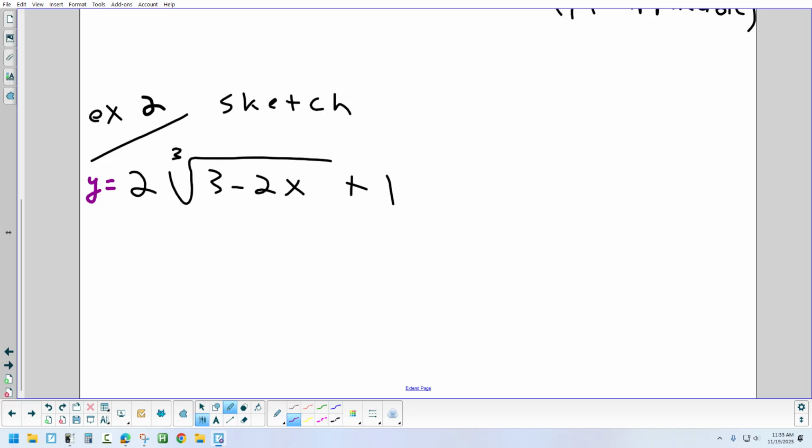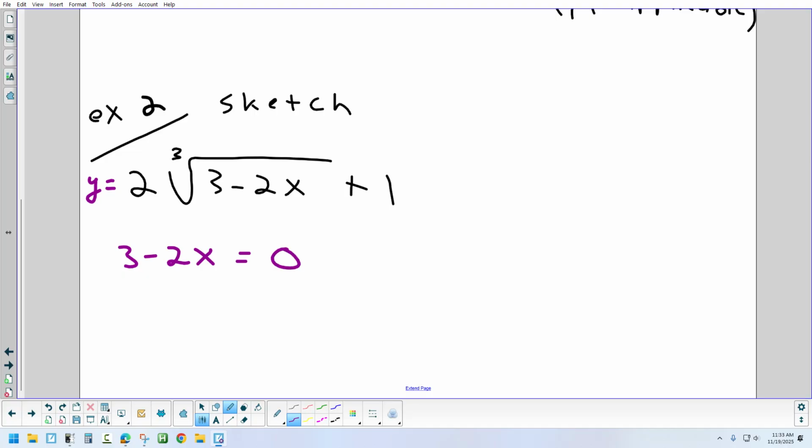Yeah, 3 minus 2x. And what else? Right now we don't have an equation. We don't have anything we can solve. We just have 3 minus 2x. Yep, equals 0.